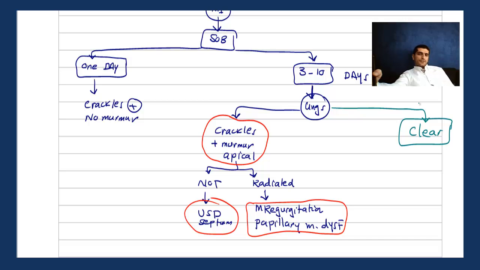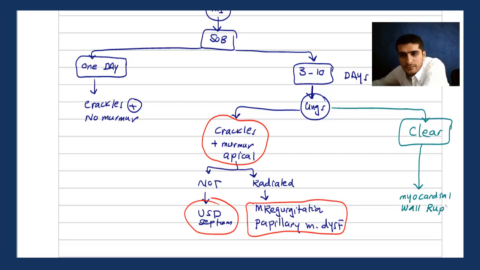The big differential, clear lungs, shortness of breath, always in your mind, you still have rupture problems, which is basically myocardial wall rupture, which means we are talking about tamponade. So here the answer is tamponade. Very high yield, guys. Really big time.